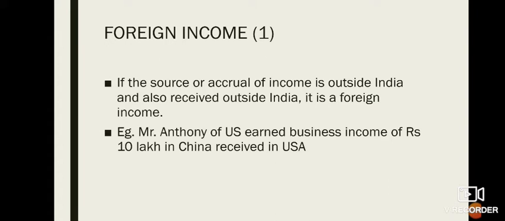But in case of foreign income number 1, if the source belongs to a foreign country and the receipt also belongs to a foreign country, and the control and management of that income also belongs to some other country, then it is known as foreign income and it is taxed only in the hands of ordinarily resident.